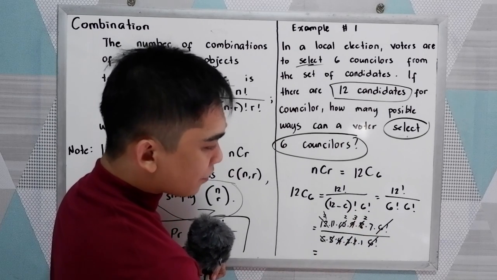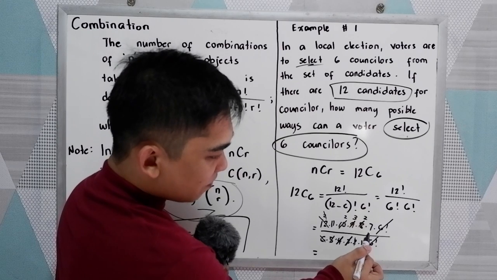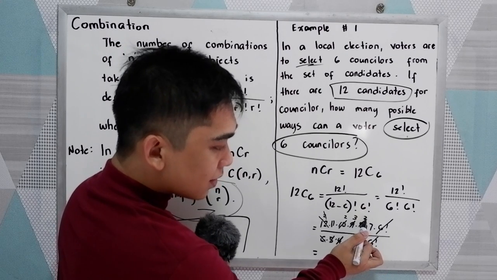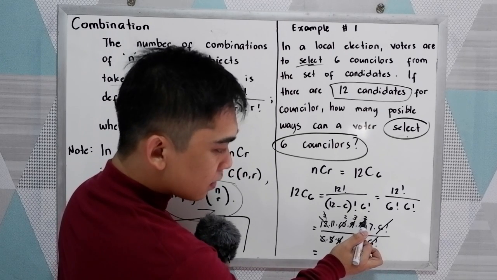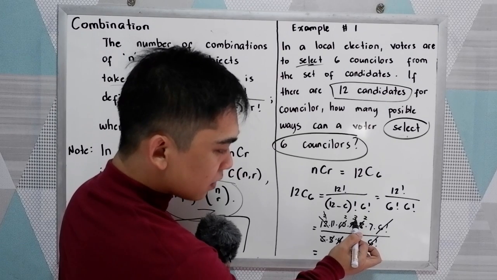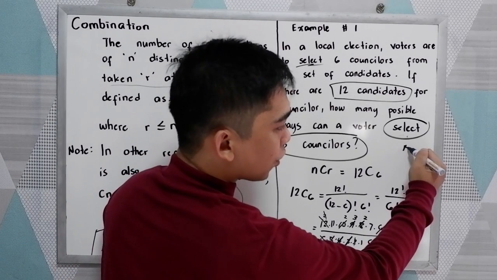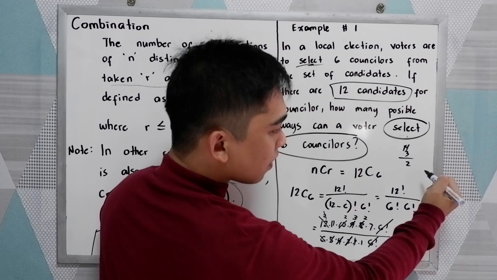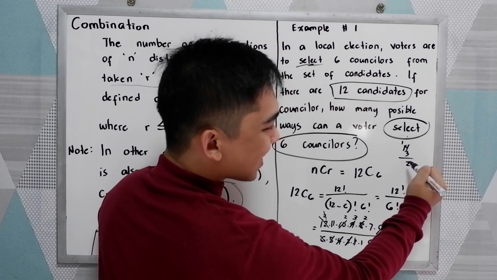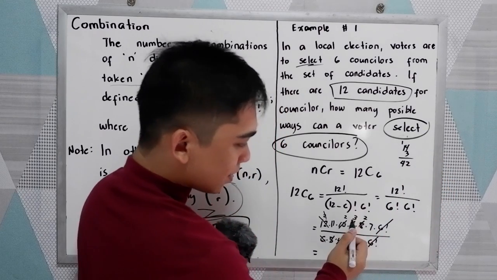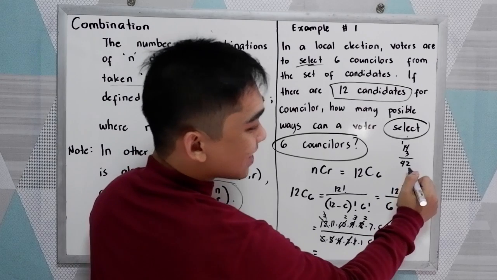Simplifying, we have 7 times 2, that is 14. 14 times 3, we have 42.